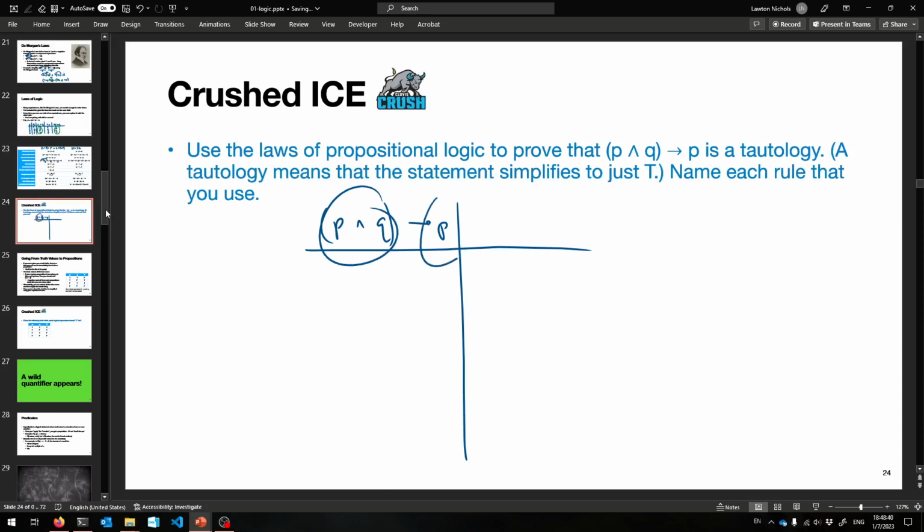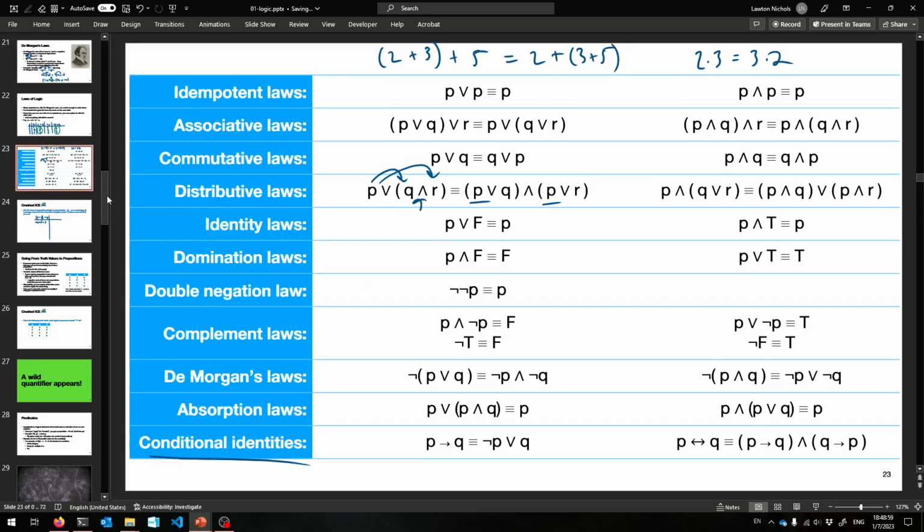This is the left side, that is the right side: not this, ORed with this. This becomes not that whole thing, P and Q, ORed with the right side, which is P. That was called the conditional identity.